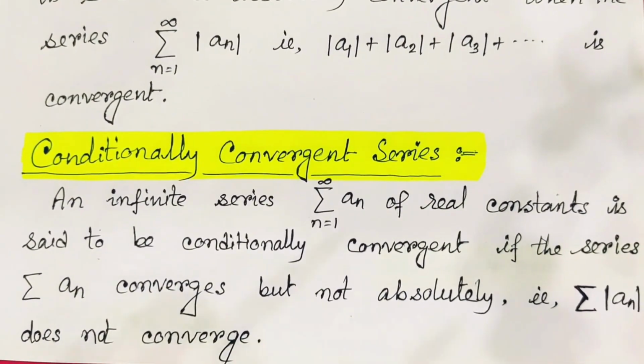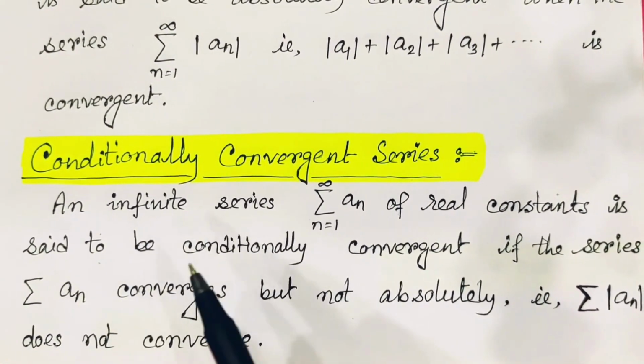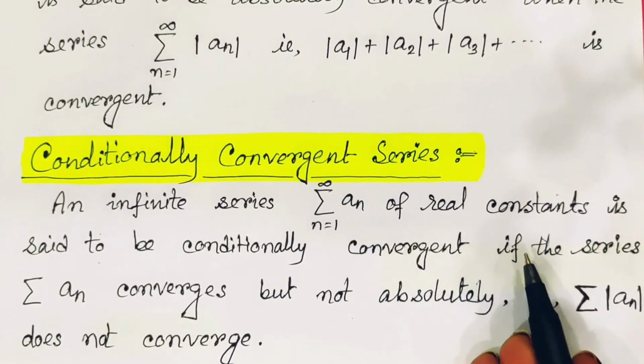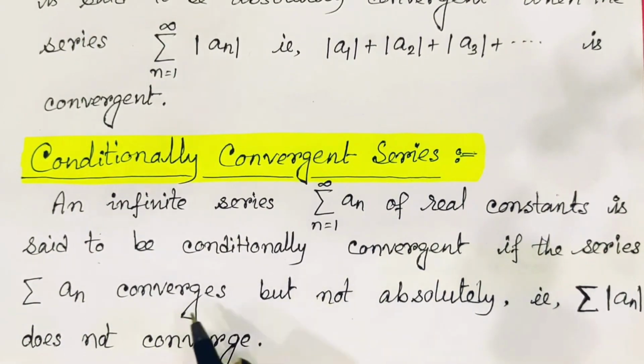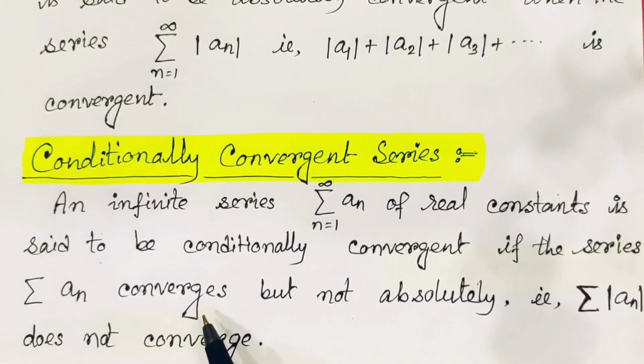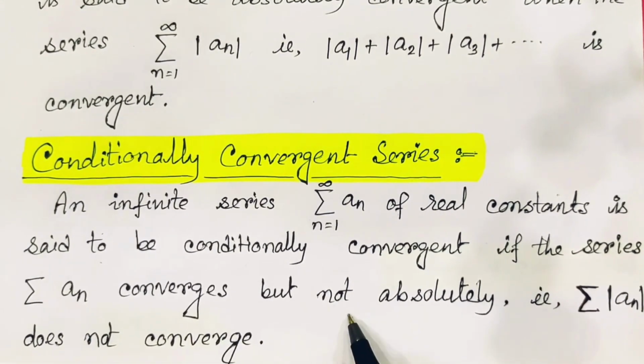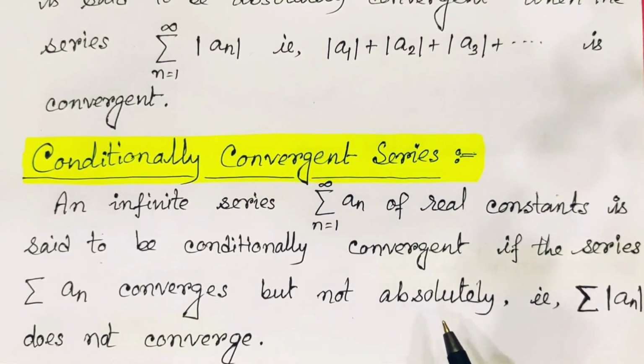Now the conditionally convergent series. What do we mean by conditionally convergent? An infinite series of real constants is said to be conditionally convergent if the series summation an converges, but not absolutely. What does it mean?